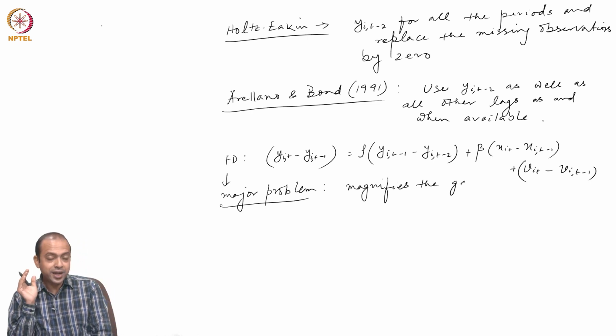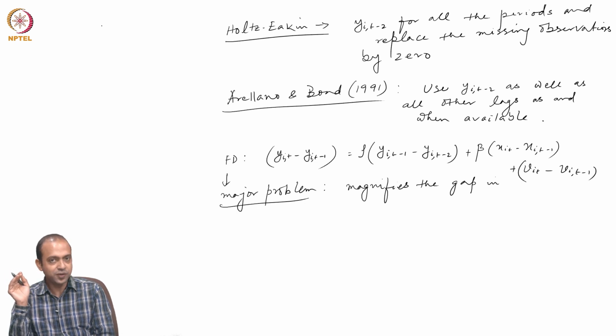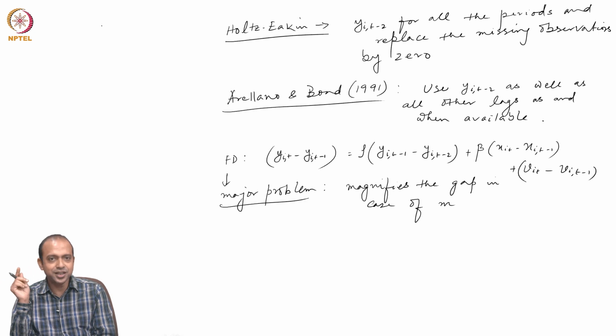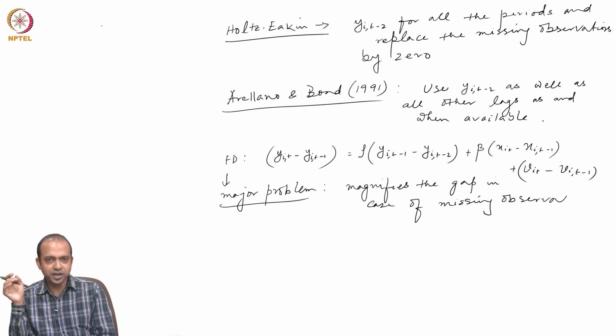Okay, as in the case of unbalanced panel. If the panel is balanced, then it is fine, but when the panel is unbalanced, which is quite likely when you are working with large firm level data or large individual level data, there is no guarantee that all the observations would be available in all the periods.